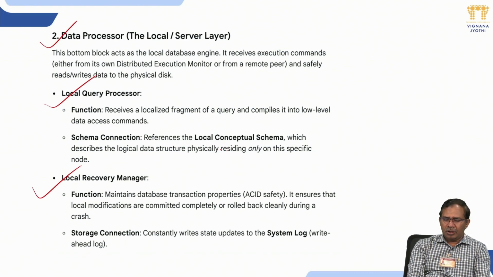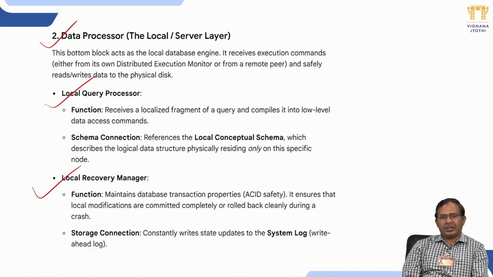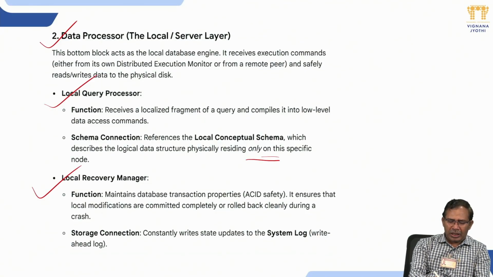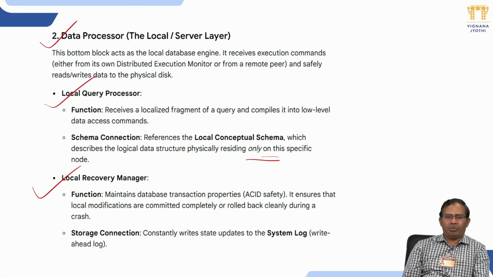In the schema connection also, it is looking at the local conceptual schema. It describes the logical data structure that physically resides only on this specific node, rather than the external conceptual schema. Here, the local recovery manager is also there. It's a program that maintains database transaction properties, atomicity, consistency, isolation, durability, with safety as the objective.